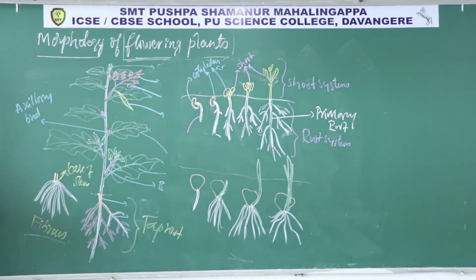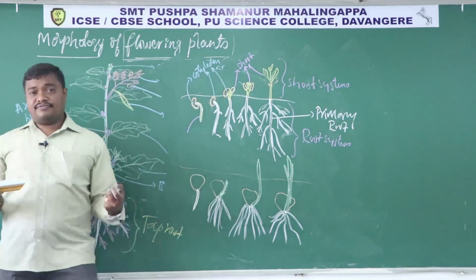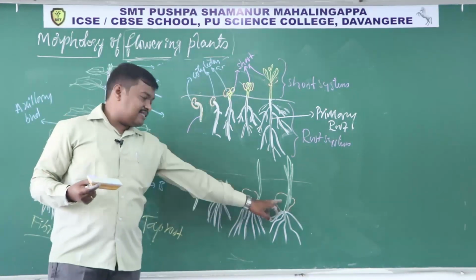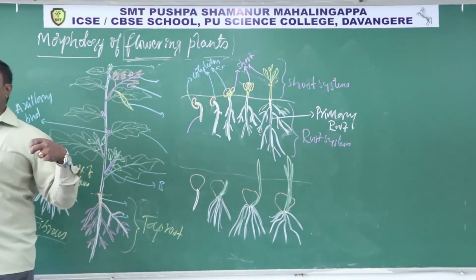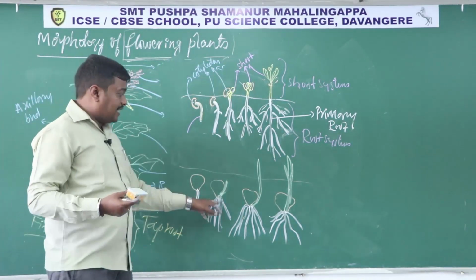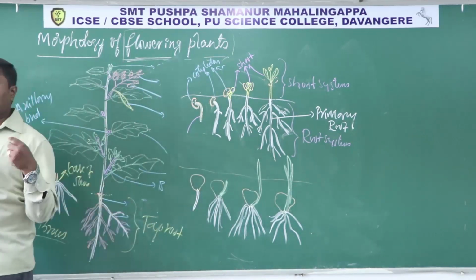Okay, the origin is the same, they are produced from the radical itself, but here the primary root does not show branches and it disappears, and instead of branching, many roots originate from the base of the stem itself.